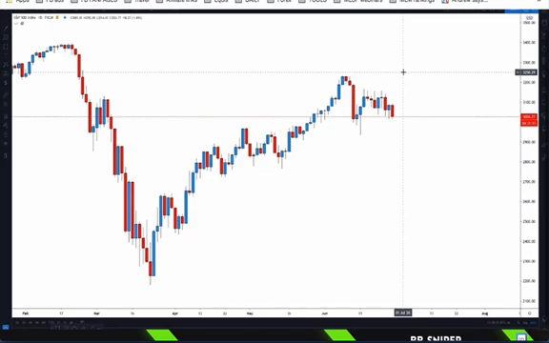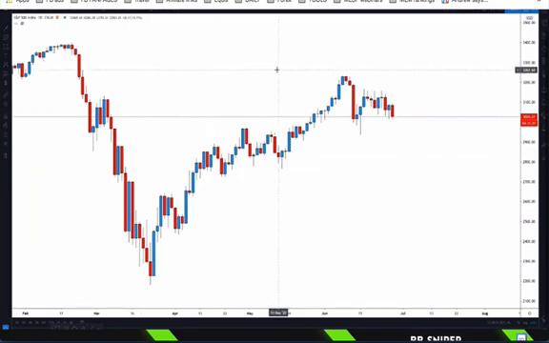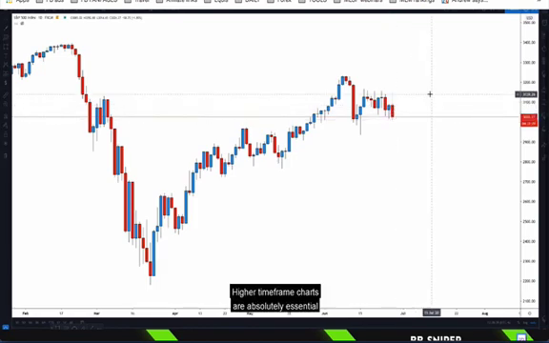The higher the time frame, daily, weekly, monthly, the more information that's condensed into a single candlestick. Higher time frame charts are absolutely essential when you are establishing a directional bias on where the market could be heading next.